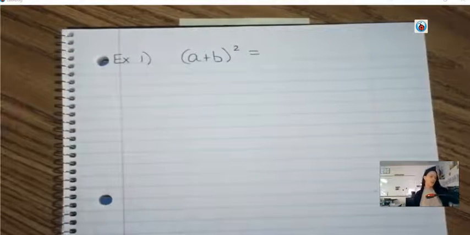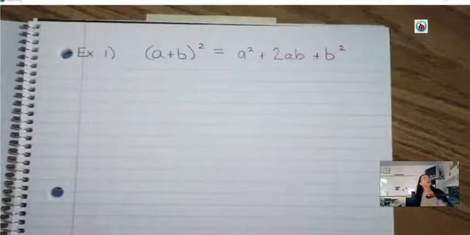So when you finish with them, you should end up with a squared plus 2ab plus b squared. Oh, you can't see that.